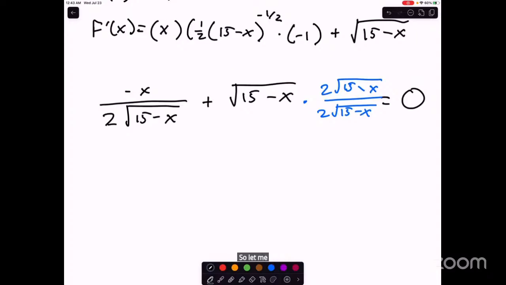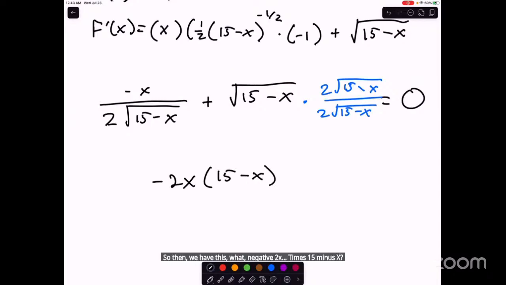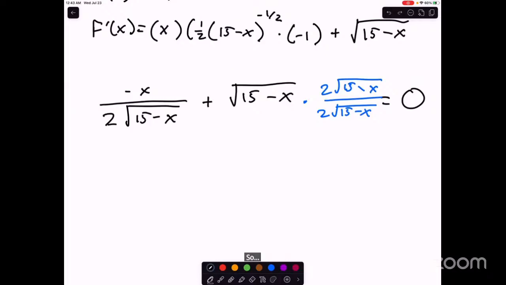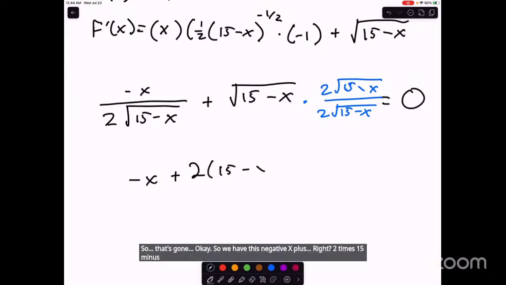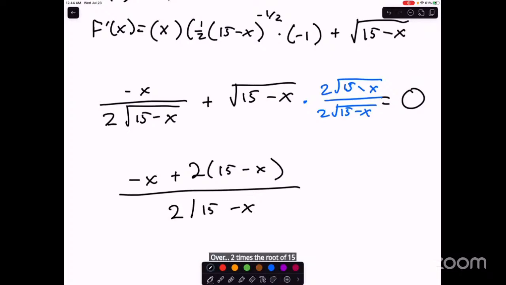Well, that root is gone. So then we have negative x plus 2 times 15 minus x, over 2 times the root of 15 minus x, equal to 0.